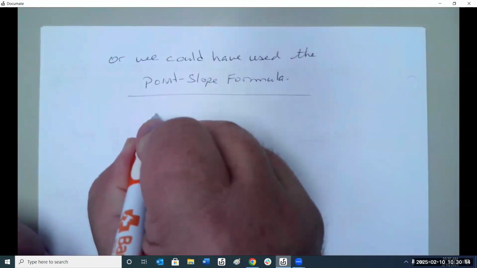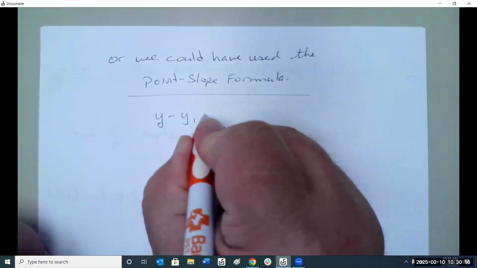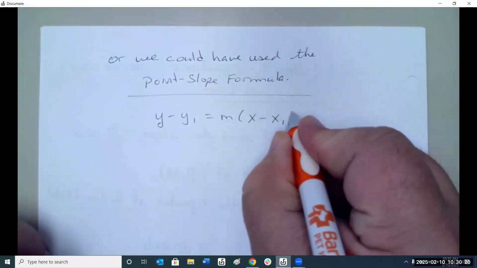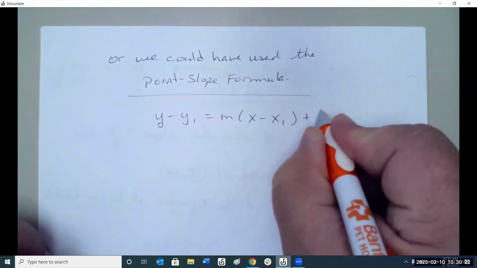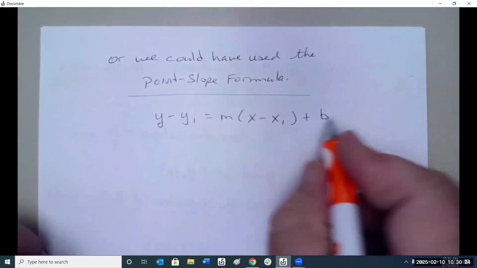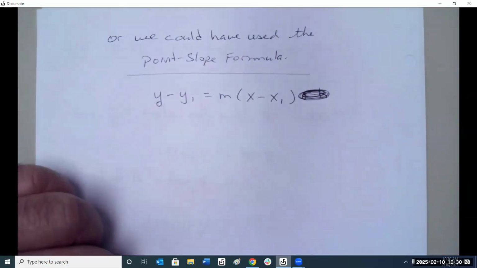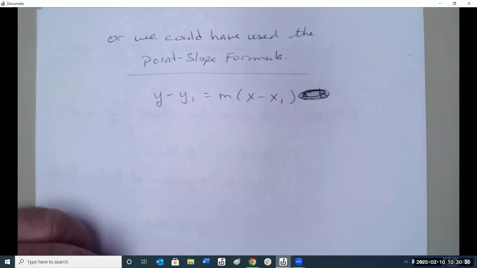The point slope formula is this. That's the point slope formula.